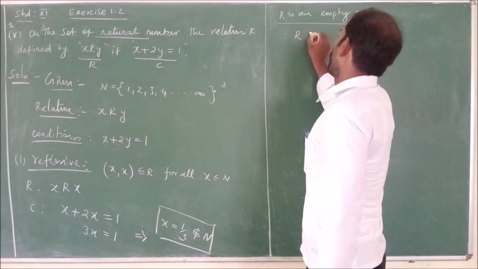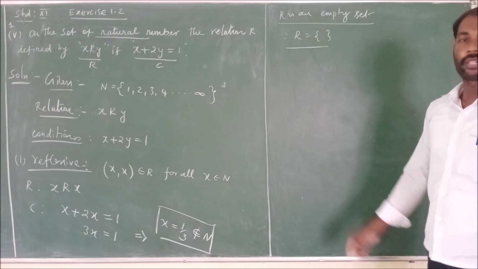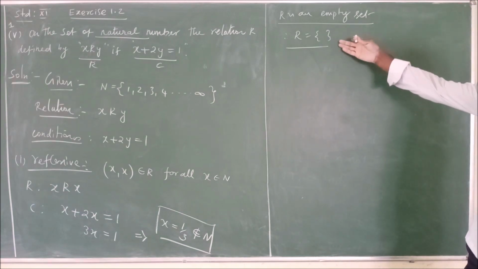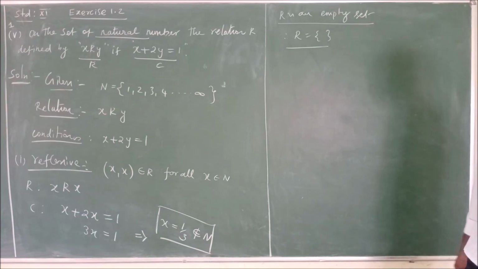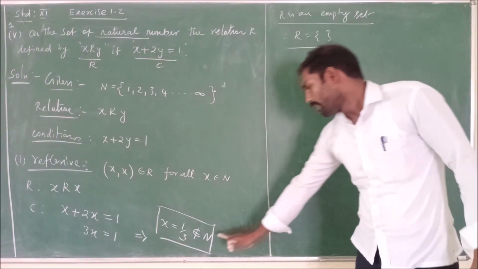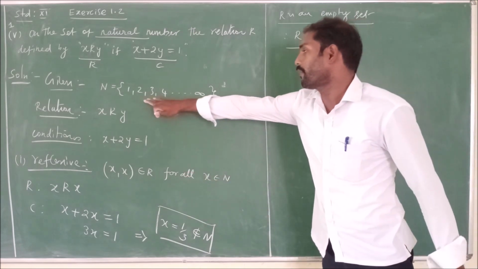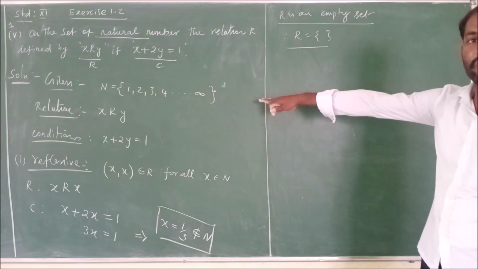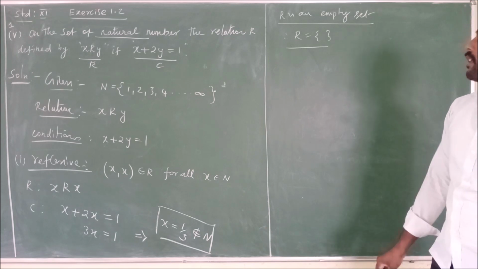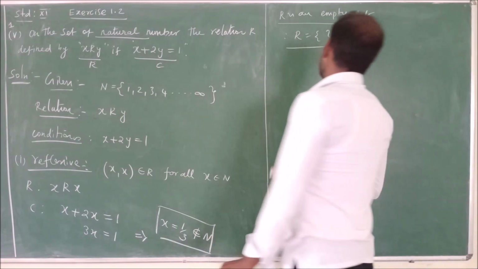Therefore, R equals the empty set. Why is it an empty set? Because 1 by 3 is not a natural number. Natural numbers start from 1, 2, 3, 4, etc., up to infinity, not fractions. So our relation is the empty relation.